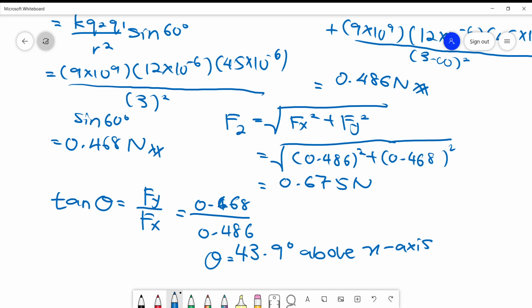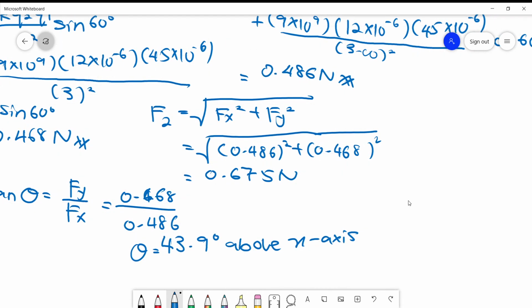Okay, so based on the graph, this one will be my fx, and this one will be my fy, and this will be my f2. So this f2 is actually above the x-axis of 43.9 degrees.